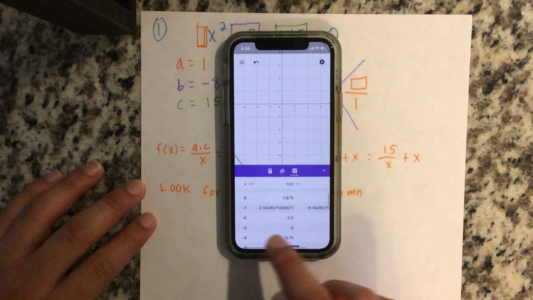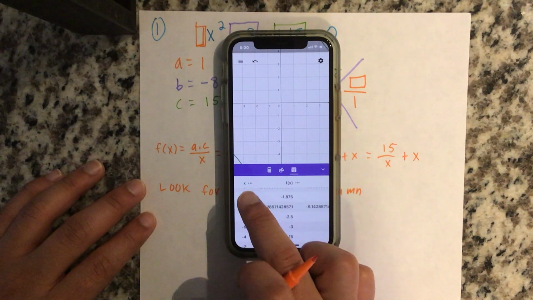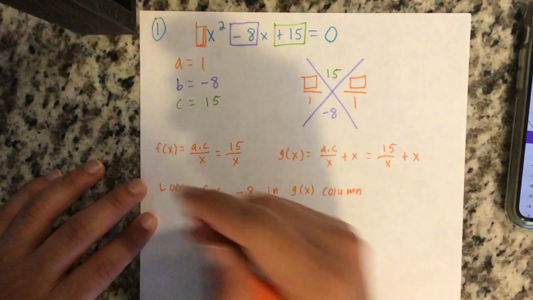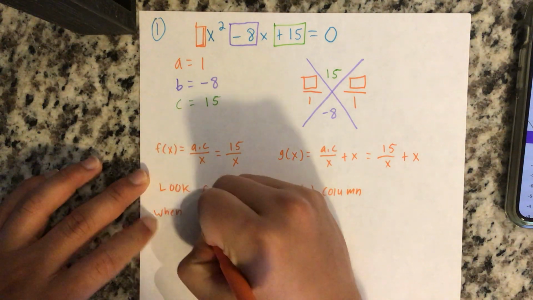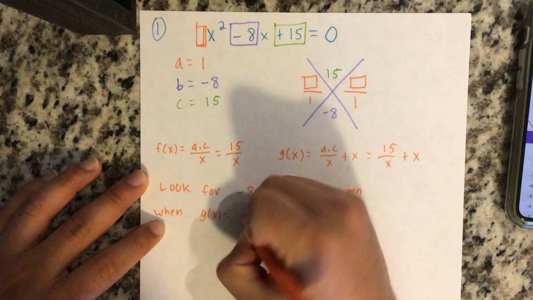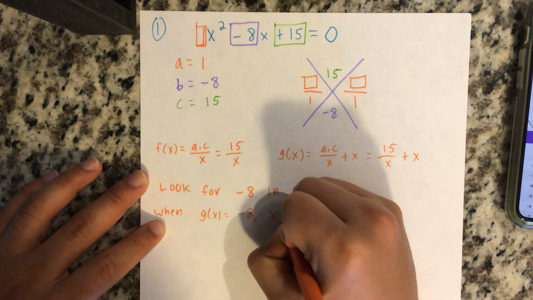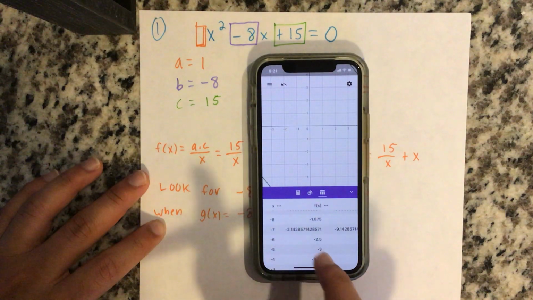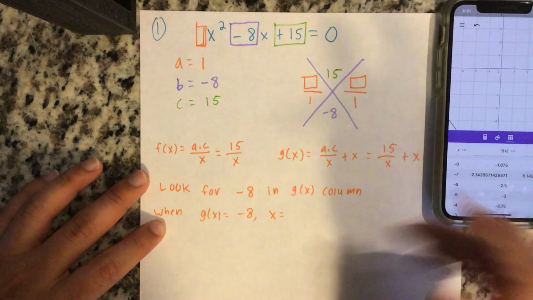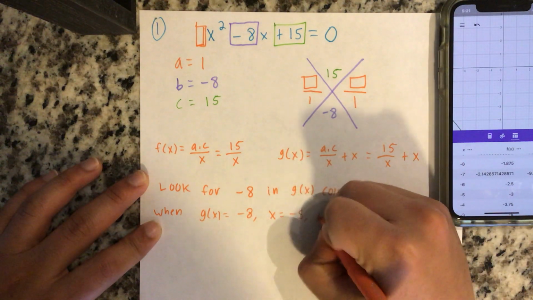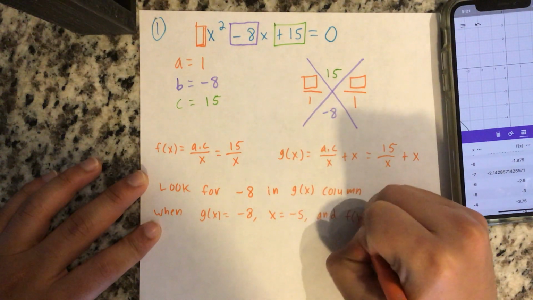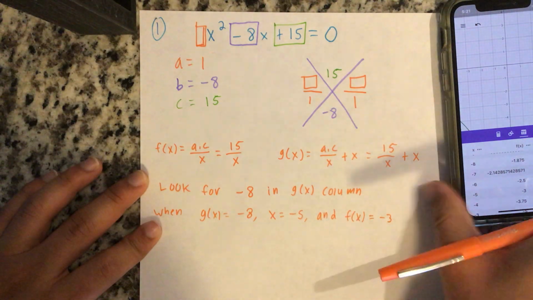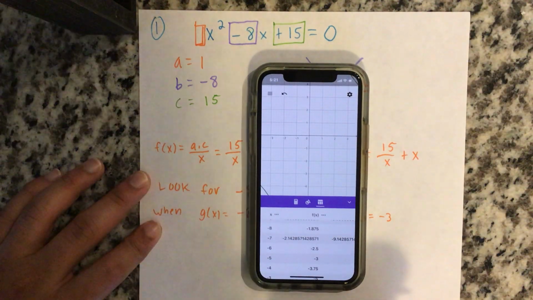So I'll slide over, and I see that, so let me write that down. So when g of x equals -8, x equals -5, and f of x equals -3. Pretty sure. Yeah, -3. Okay.